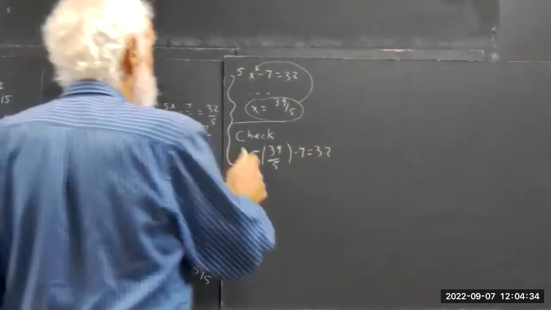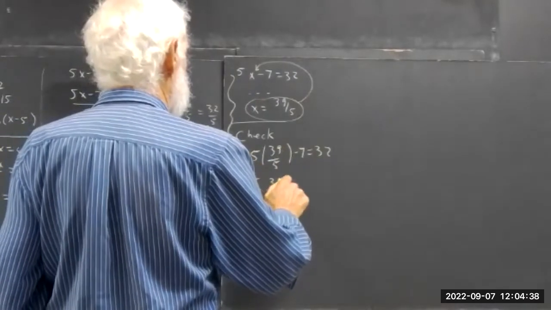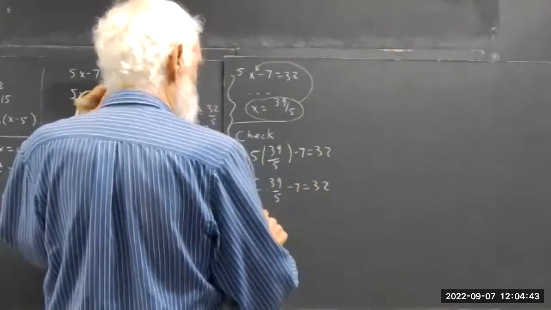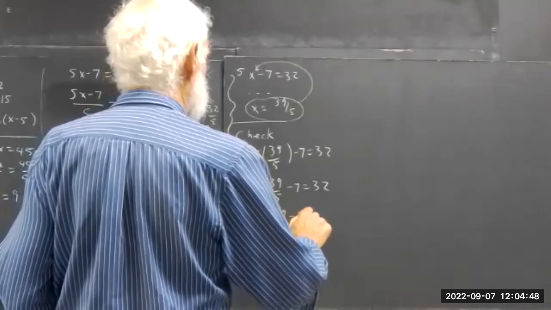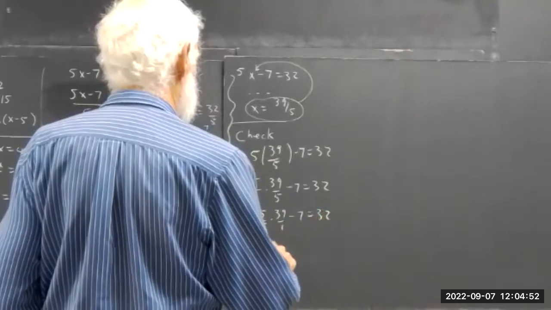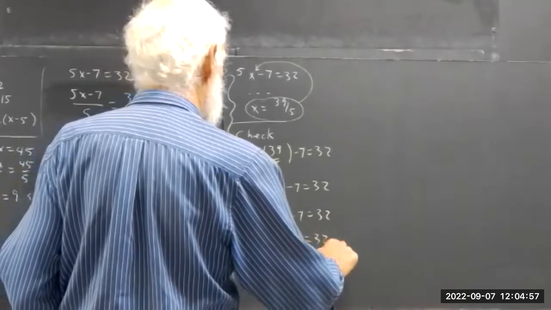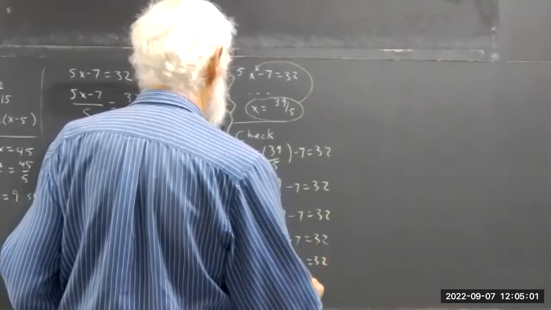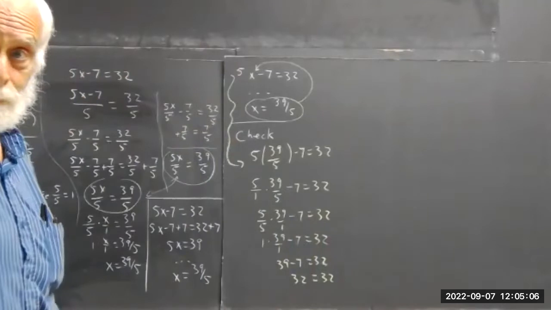Well, we multiply 5/1 times 39/5 minus 7 equals 32. That gives us 5/5 times 39/1 minus 7 equals 32. This is 1. Get 39 minus 7 equals 32. Finally, it says 32 equals 32.